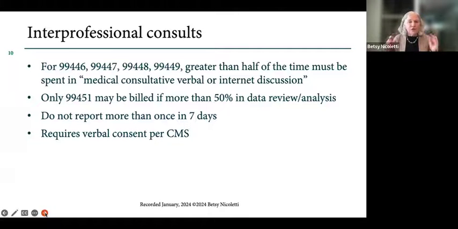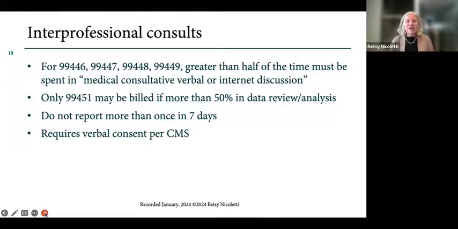For the first 4, where the time goes from 5 to 10 minutes to 31 minutes or more, more than half of the time must be spent in medical, consultative, verbal, or internet discussion. So half of that time has to be spent in verbal or internet discussion. So we know what verbal discussion means.